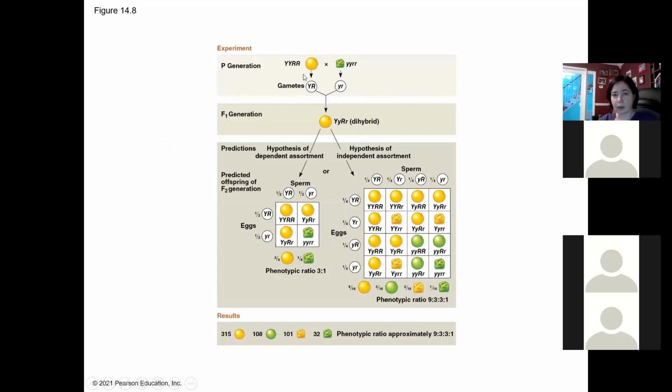So regardless of the parental generation, regardless of the F1 generation, in F2 you see combinations that you don't see in the parental and F1 generations. And these combinations, yellow color with wrinkled shape, green color with round shape, are due to independent assortment of alleles in the gametes that parents contribute.